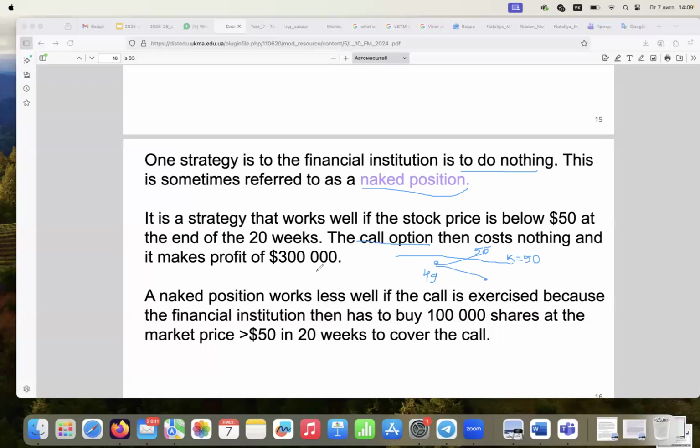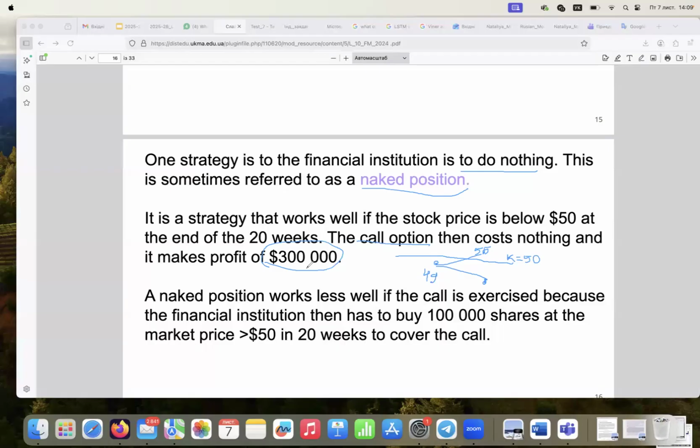But you remember, we sold this call option and we got this amount, yes? So it's our profit in this scenario. Do you agree?